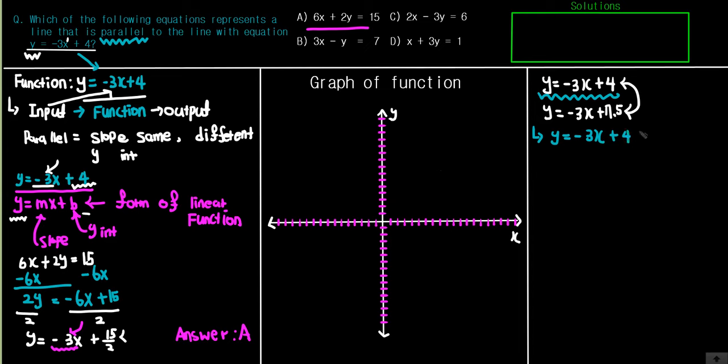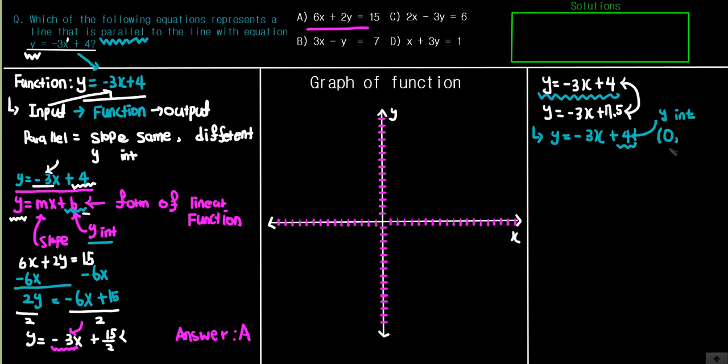Before we calculate our coordinates, we know that according to the y is equal to mx plus b form, b, which is our constant, is the y-intercept. In this case, the constant is 4, which means 4 is the y-intercept. Y-intercept means the x value is 0.